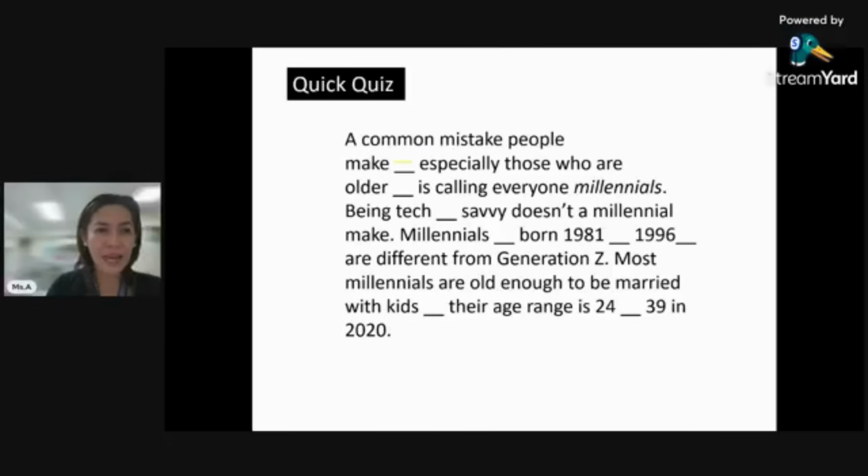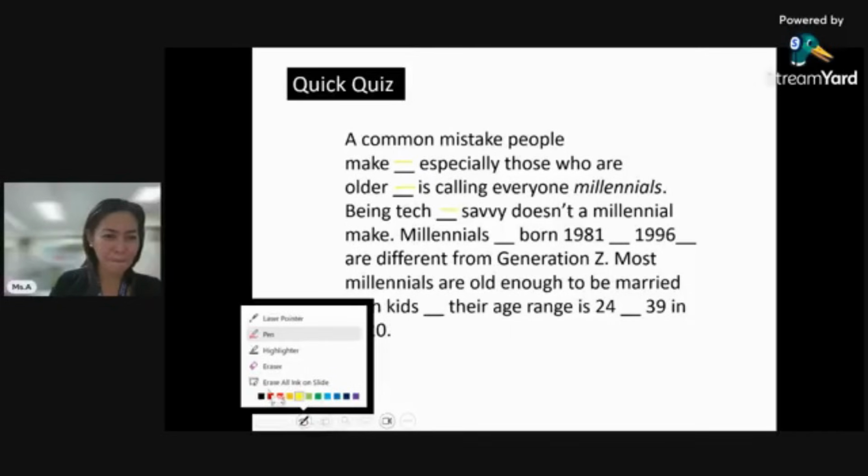M dash. Especially those who are older, M dash again. Is calling everyone millennials. And then here, being tech savvy, for tech savvy, we could just put a hyphen. Ay, ang haba ng hyphen ko. Ayaw lang lumabas, no?